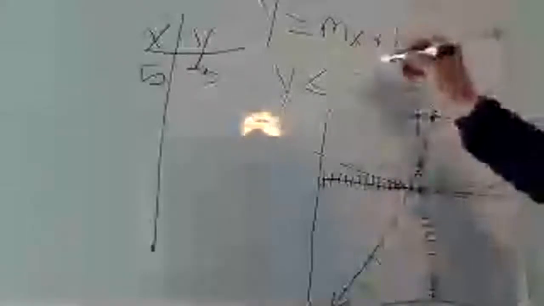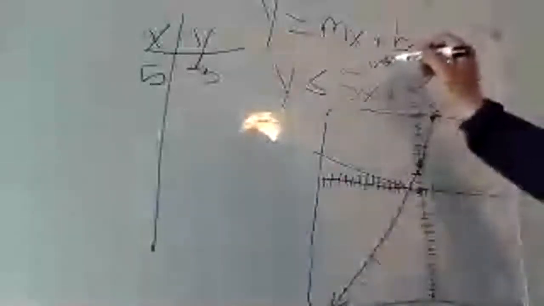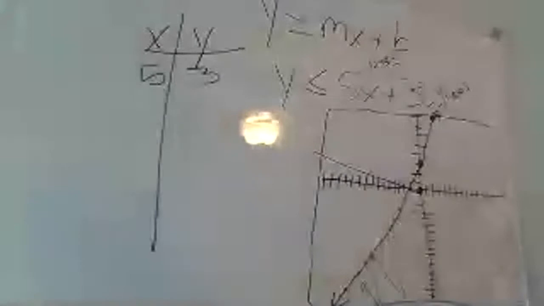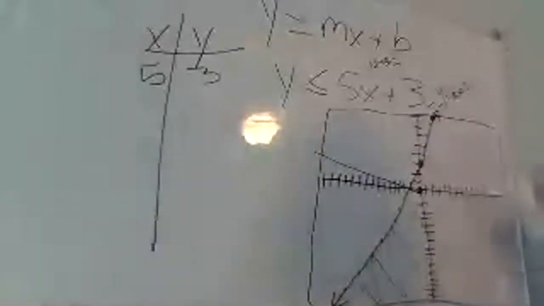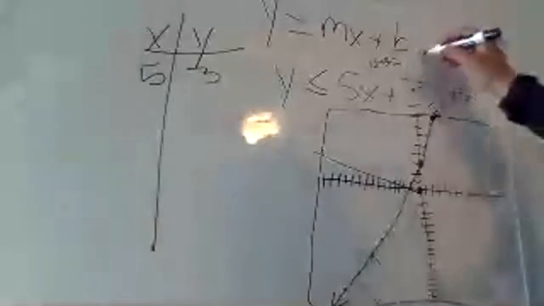Well, let's see. 5 times 3 is 15, right? 15 plus 3 is what? 18. Correct. And y is 3.